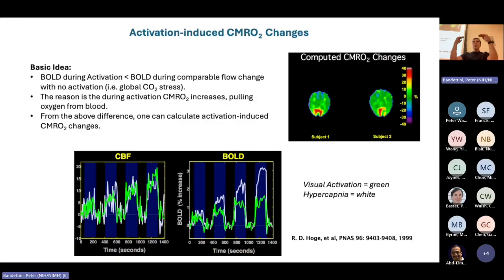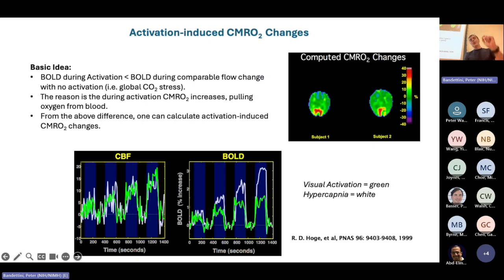So what you can do is compare with comparable perfusion changes or flow changes with a global stress versus activation, and compare the ratio of flow to BOLD for both. And it turns out with activation, as you can see, the difference between flow and BOLD is much greater for activation than with the global stress.